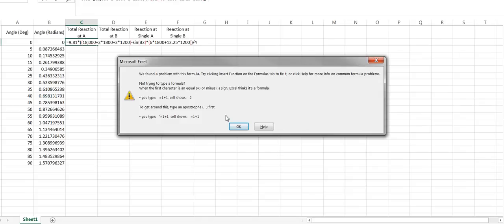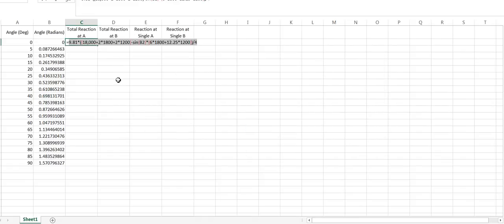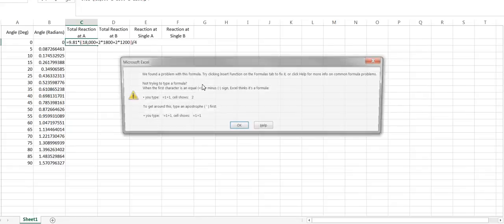Try to type equals 9.81. Okay, 9.81 times 18,000 plus 2 times 1,800. Let me just make sure I can see if I can get rid of this part. So does that work as a formula?